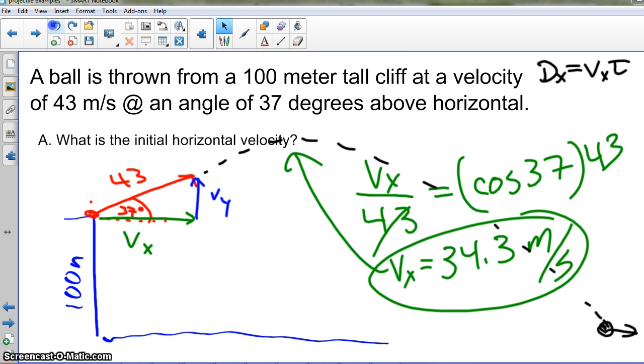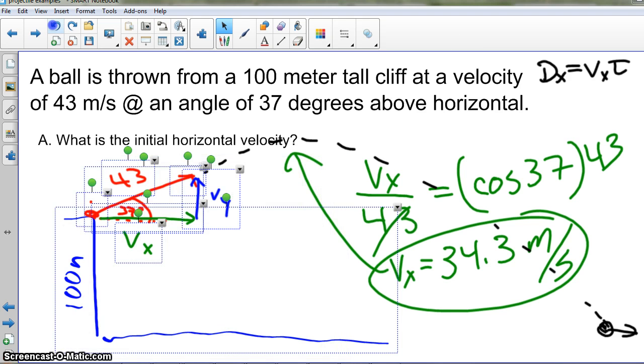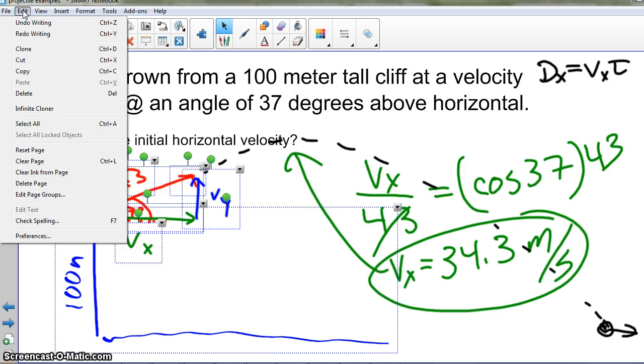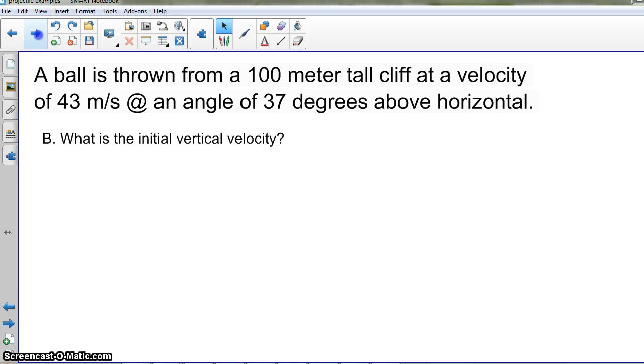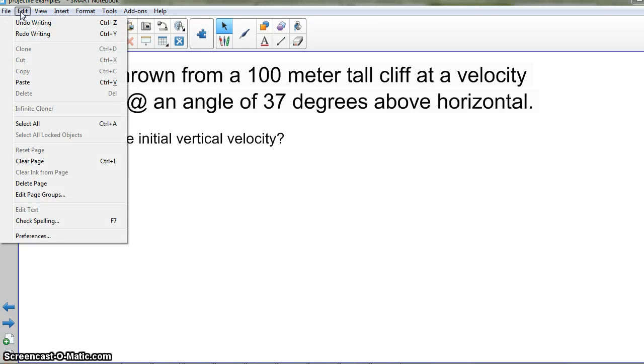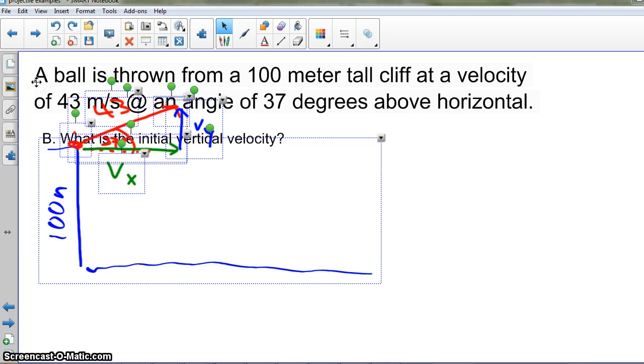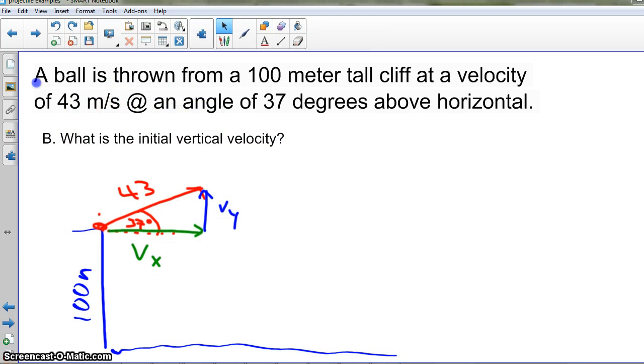So the next slide then, if I can edit and copy and paste. The next slide is asking exactly the same question, except it's asking for the vertical initial velocity. The vertical initial velocity is that Vy number, so we're going to get it exactly the same way.